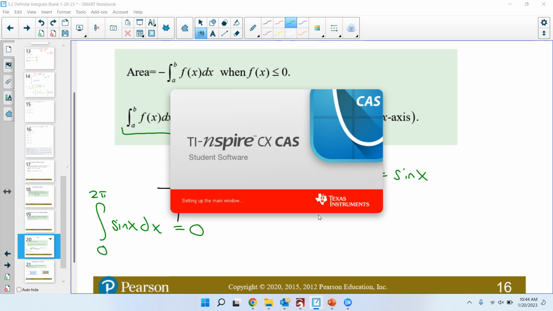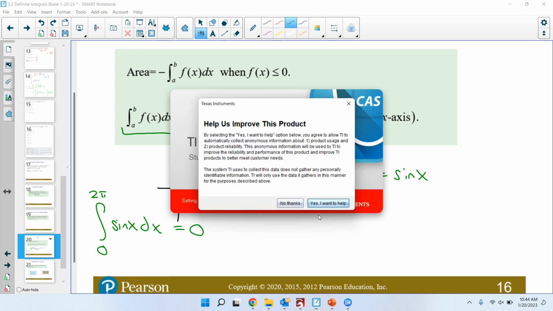Middle right. Yeah, middle far right. And you're going to have to fill in the boxes. So you're going to have to put a 0 for the lower bound and 2 pi for the upper bound. Make sure you're in radian mode. Sine of x.